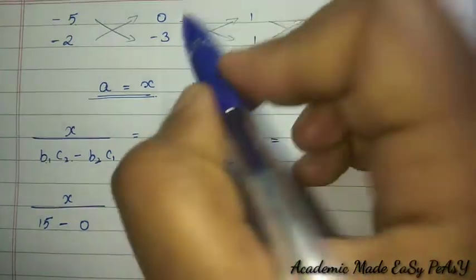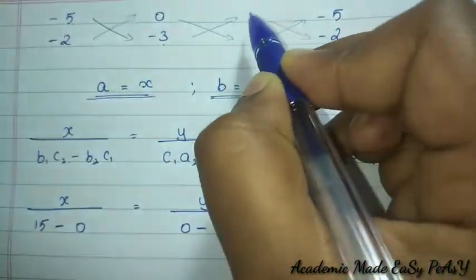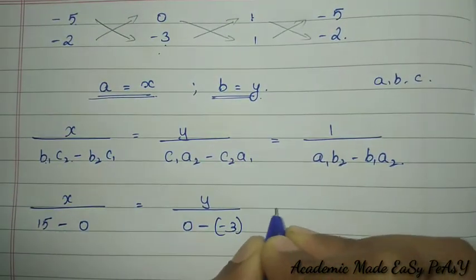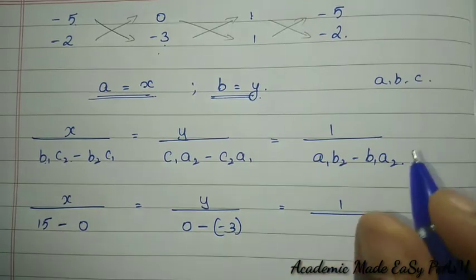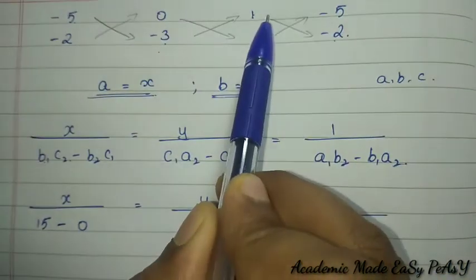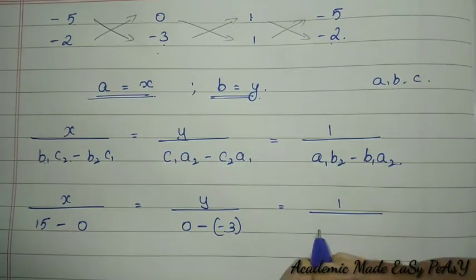So minus C2 A1. So minus into plus is minus. So minus 3 into 1 is minus 3, which is equal to 1 divided by A1 B2. So minus into plus is minus. So 1 into 2 is 2.